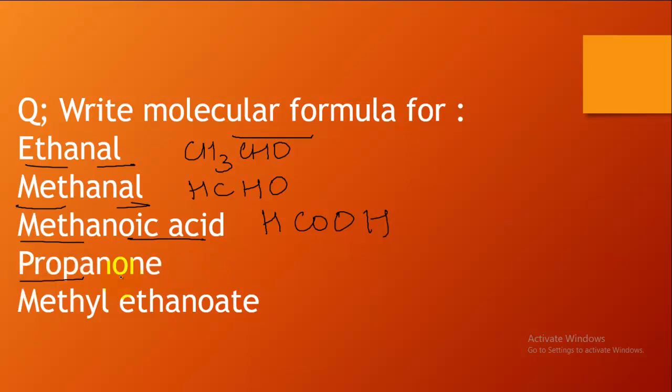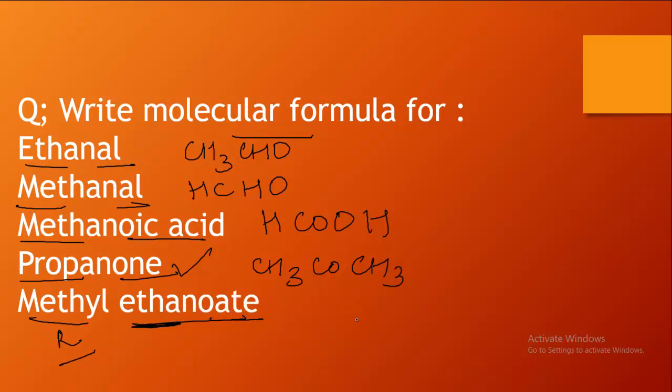Propanone, prop refers to 3, one refers to ketone. You know that the first member of ketone is propanone, that is CH3COCH3. The another is methyl ethanoate. Now methyl is going to act as alkyl group, eth means the R group, and oate refers to the ester.